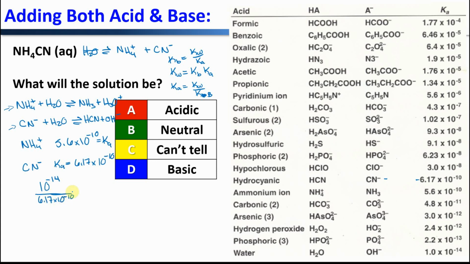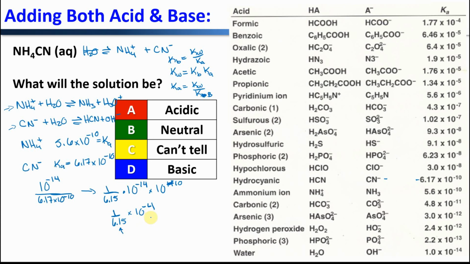Let's just do a quick check instead of using the calculator. I'm going to have 1 over 6.17, which is a smaller number than 1/2, times 10 to the negative 14 times 10 to the 10. That means I'm going to have 1 over 6.15 times 10 to the negative 4, and this thing here is just going to make this 10 to the negative 5.